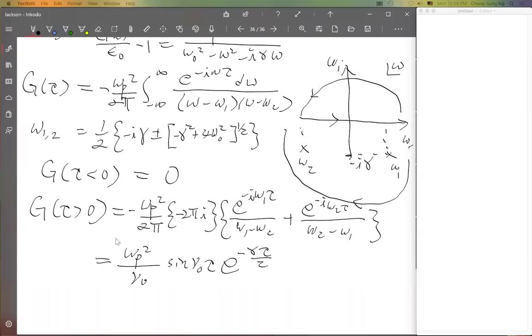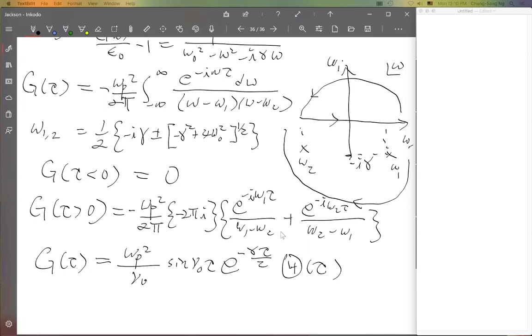So that's the final form of this integration for tau greater than 0. For tau less than 0 it is 0, so we can combine everything and write g of tau as this one multiplied by a step function of tau. Only when tau is greater than 0 do you get this form. So that's g of tau based on the physical model that we derived for the dielectric constant.